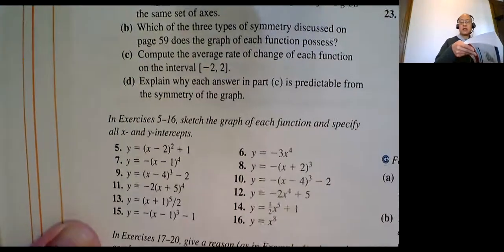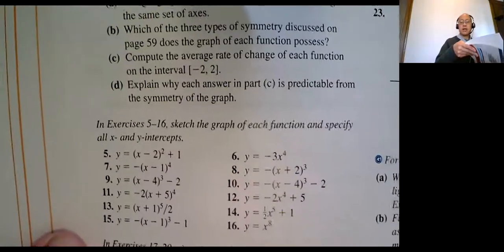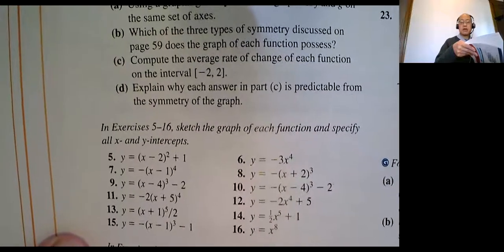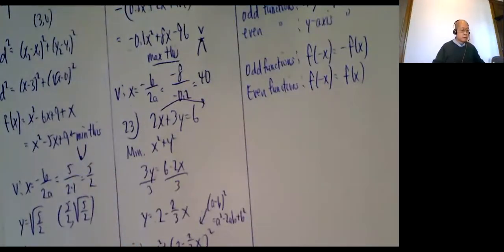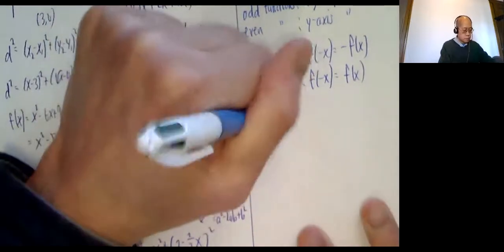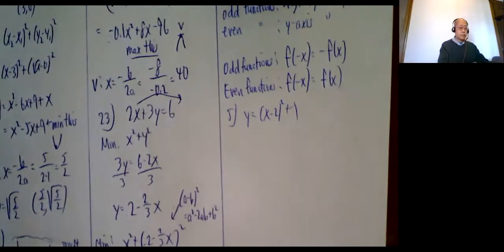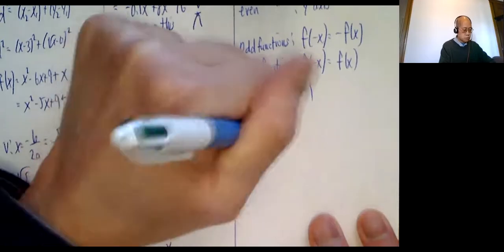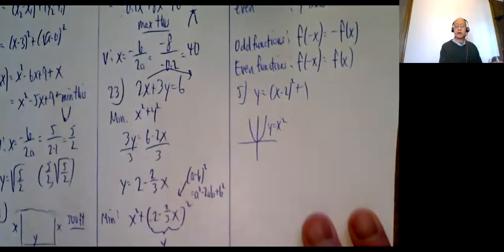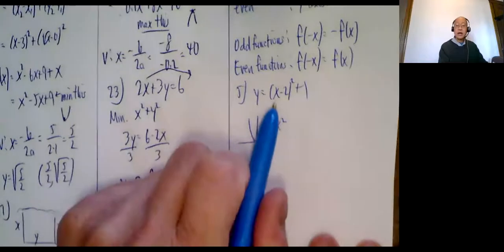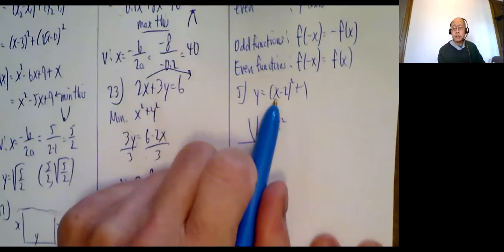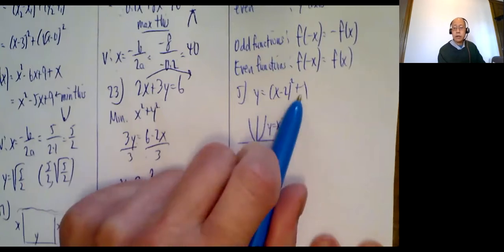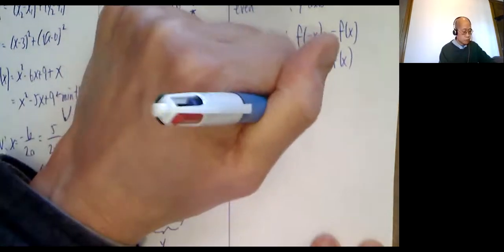Sketch the graph of each function, specify intercepts. Okay, 5 through 15, so I'll do some of those. Number 5, y equals x minus 2 squared plus 1. We've seen that before. y equals x squared, and then this moves 2 units to the right, 1 up.